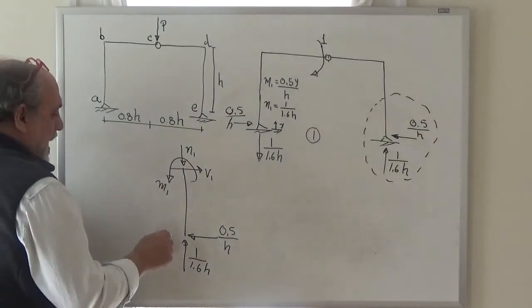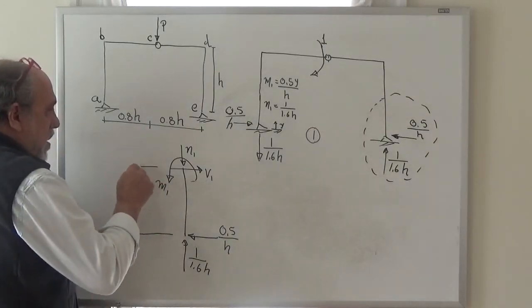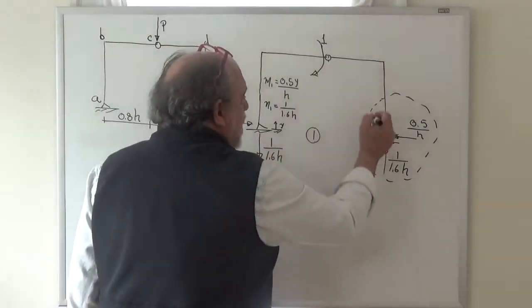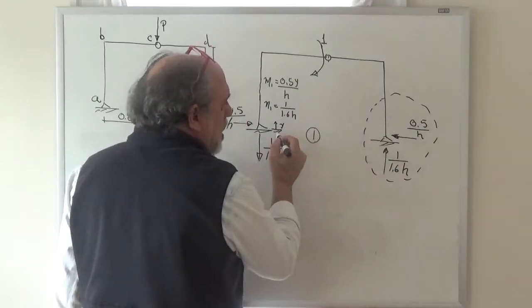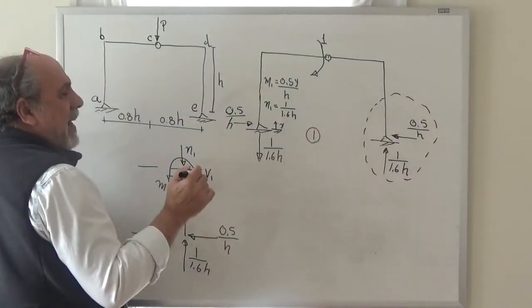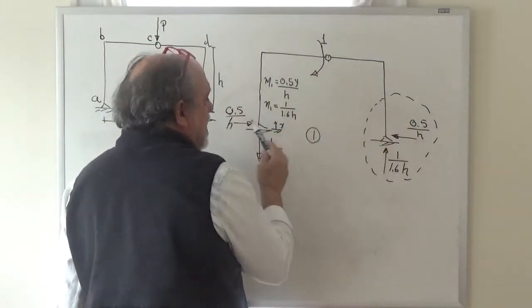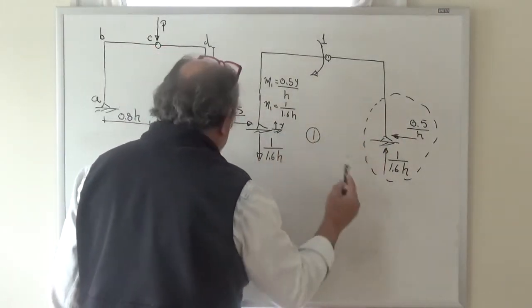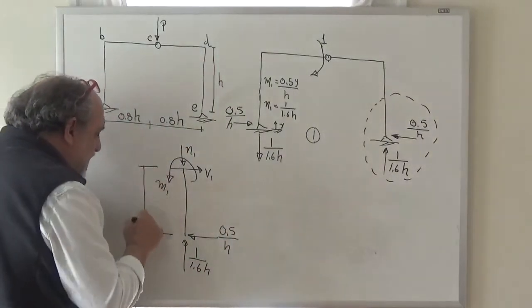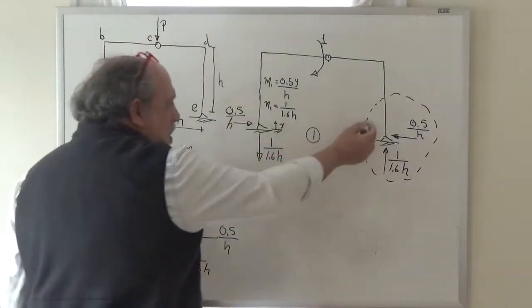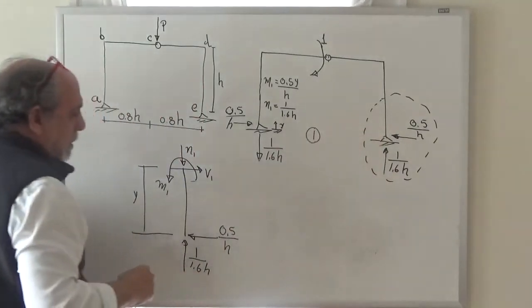In this case, I could call this variable that starts here and goes up a different name than this one. But if you think about it, they are exactly the same, because being at 20% of the height is the same on either side. So y is a valid name for the variable that starts here and goes up, because it is really the same.